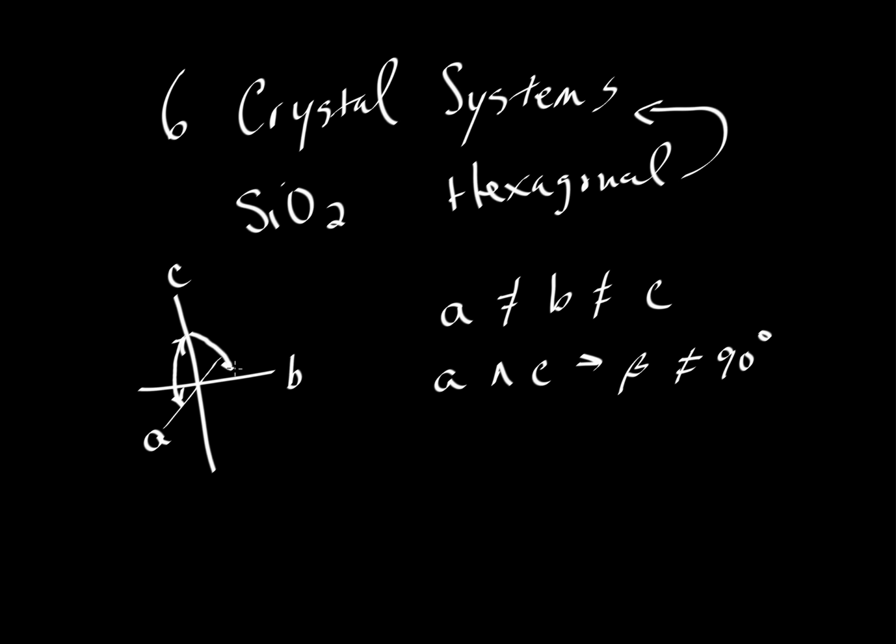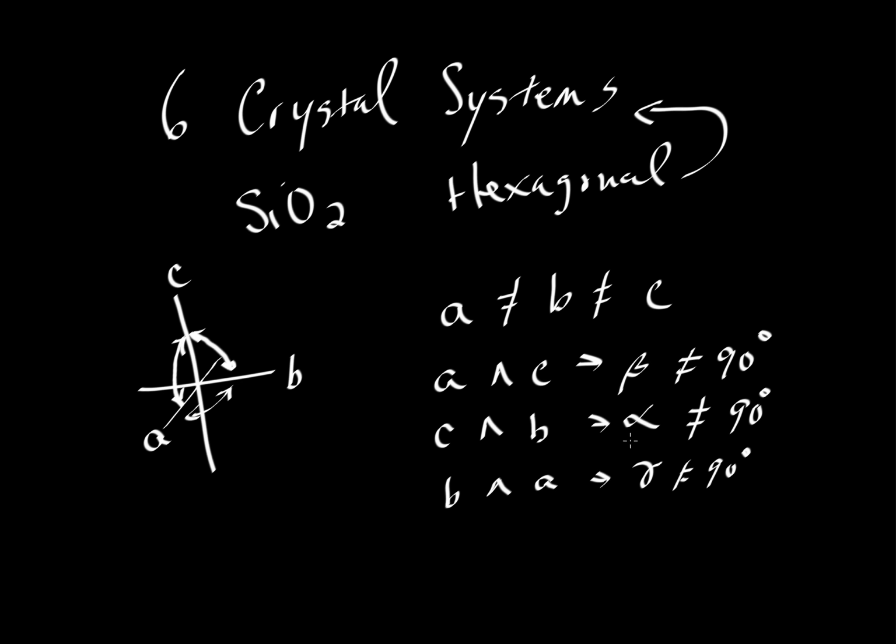And then C angle B. The missing letter there is A, so we'll use the first letter of the Greek alphabet, alpha. And let's say, just for fun, that this is also not equal to 90 degrees. And then we have this third angle, and the third letter of the Greek alphabet is gamma. Let's say it's not equal to 90 degrees, and this is the angle of B and A, C being the missing letter in that notation.